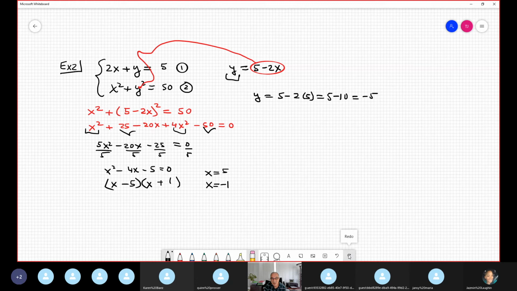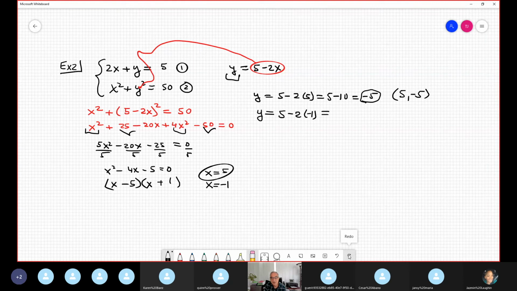So, in this moment, I take advantage to copy the solution. The solution is the ordered pair 5, negative 5. I'm using 5. Okay, I take this and this together. The x value is 5 and the y value is negative 5. Similarly, using negative 1 is 5 minus 2 times negative 1. Be careful with the sign.